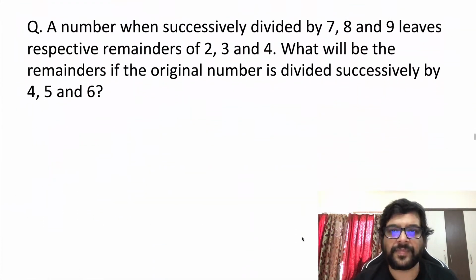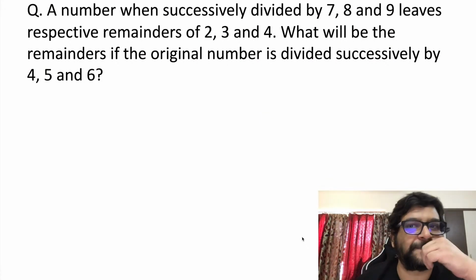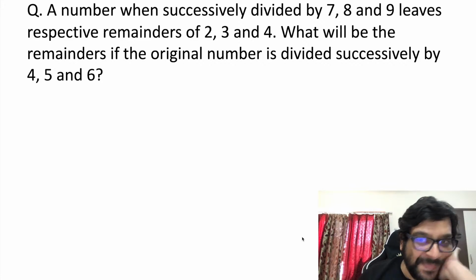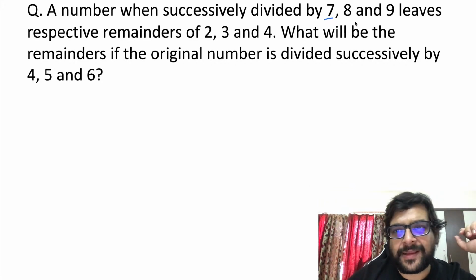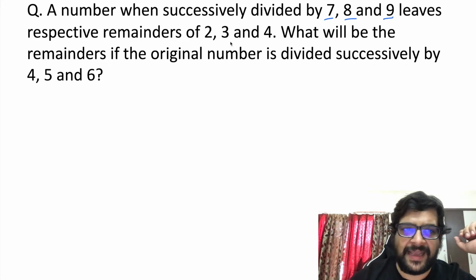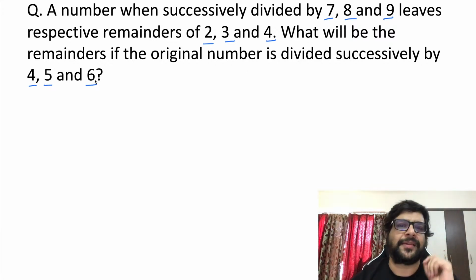Okay. Please try this out. A number when successively divided by 7, 8 and 9 gives me remainders of 2, 3 and 4. What will be the remainders if the original number is divided successively by 4, 5 and 6?